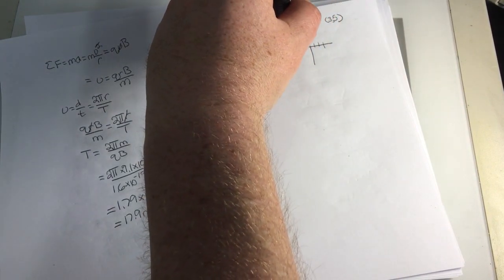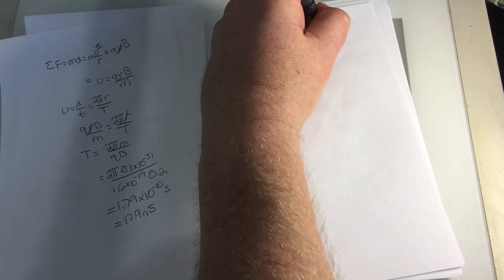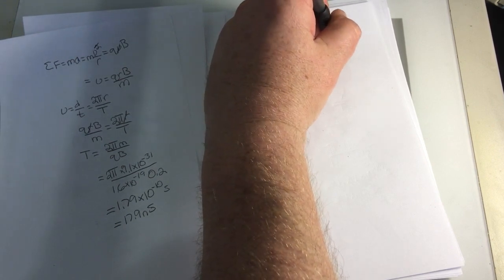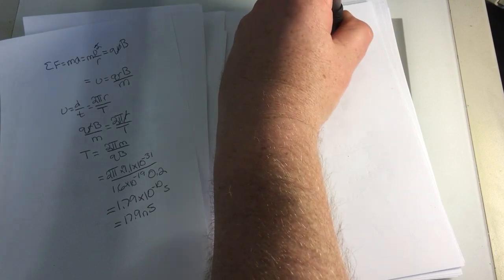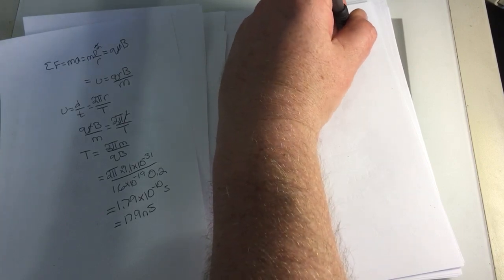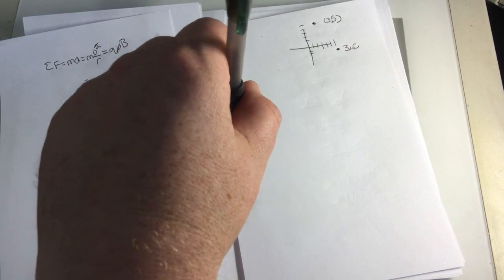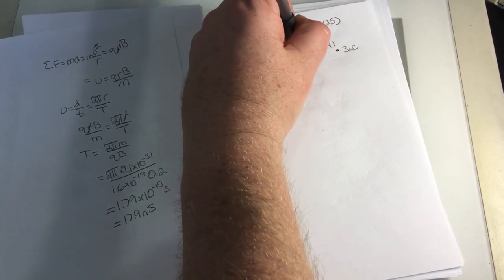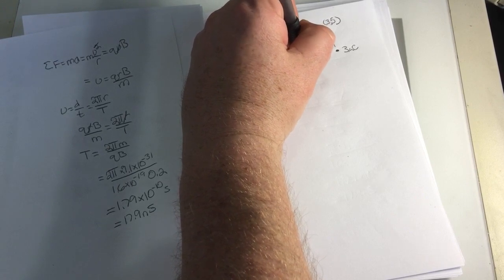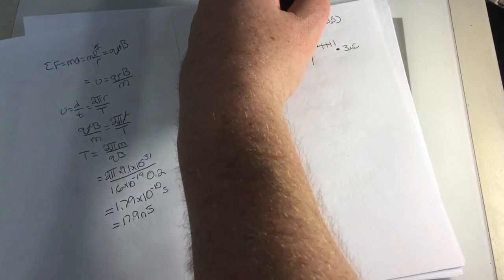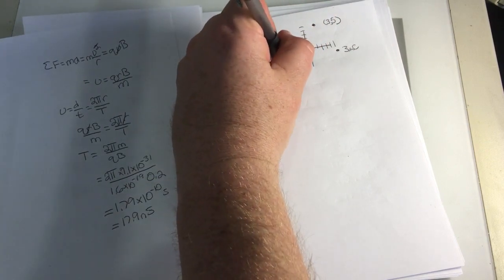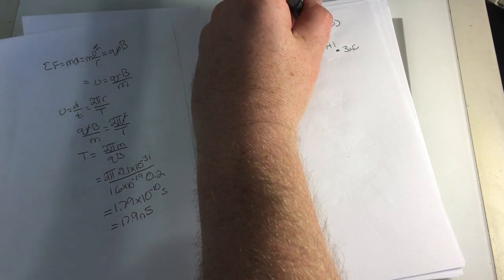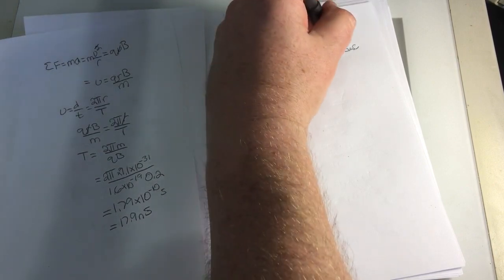Charge 1 is at 6, -2, and it is a positive 3 microcoulomb charge. The other charge is at -2, -4, and it is a -5 microcoulomb charge.